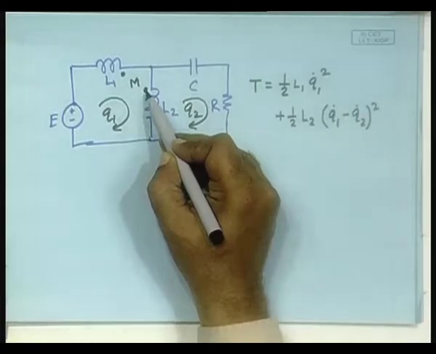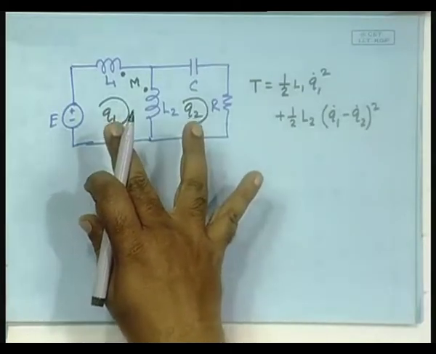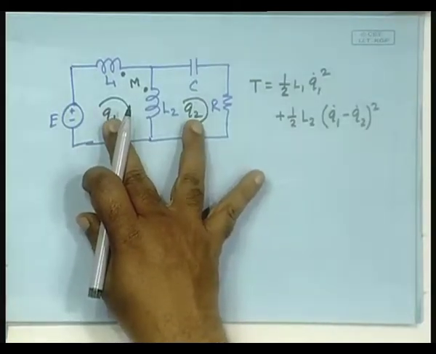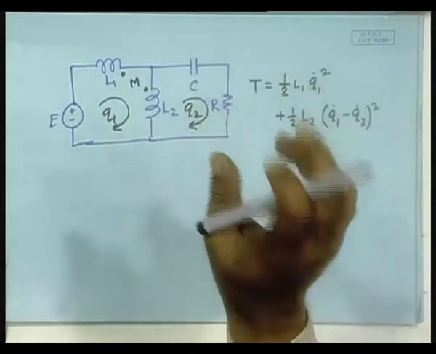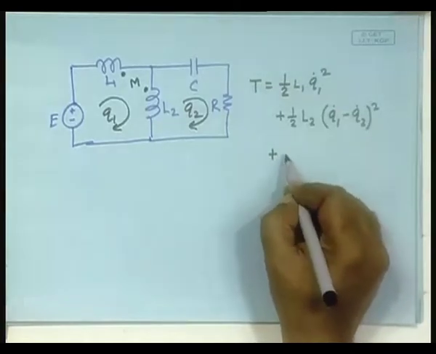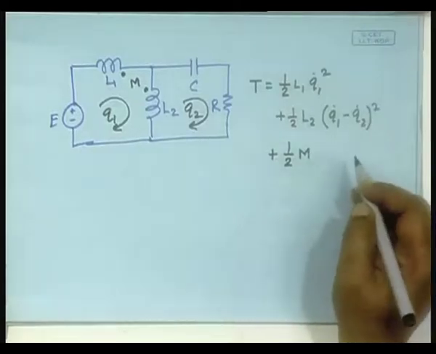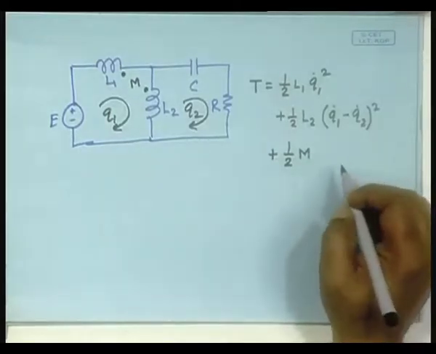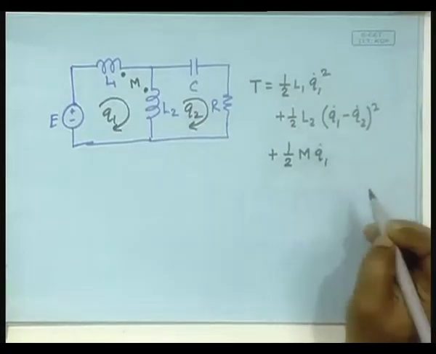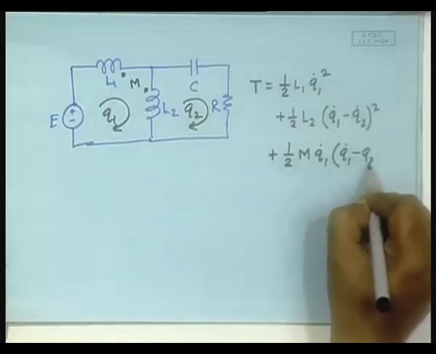So, how will we designate this? The amount of additional energy stored in the inductor is half M I1 I2, as you know. So, the additional kinetic energy would be plus or minus half M Q1 dot into (Q1 dot minus Q2 dot).